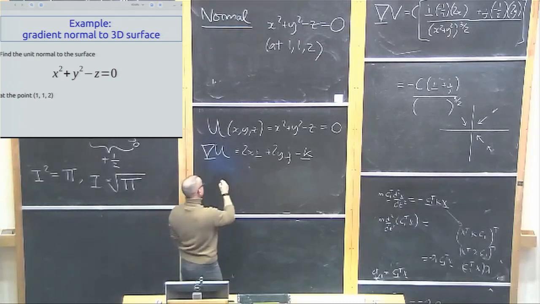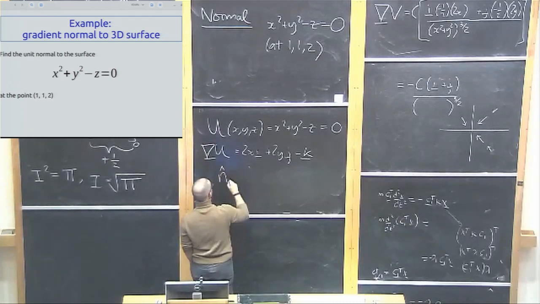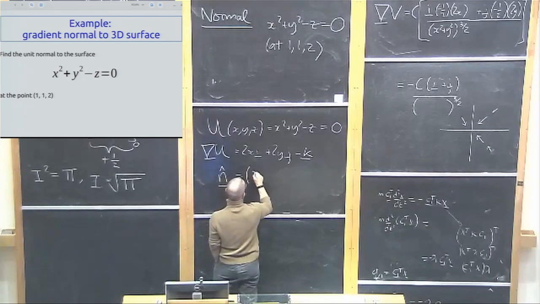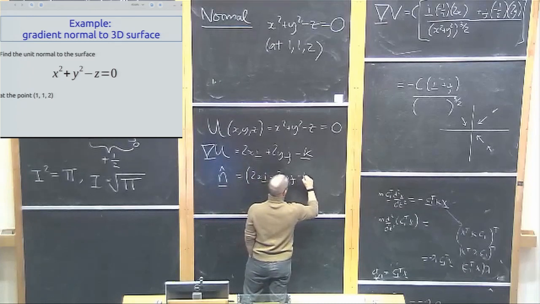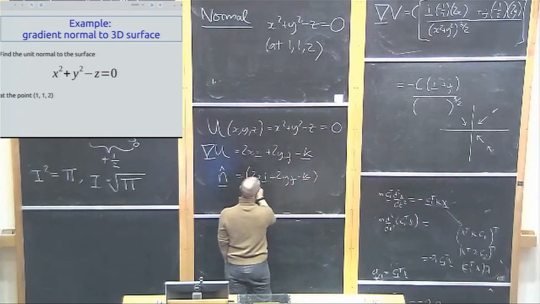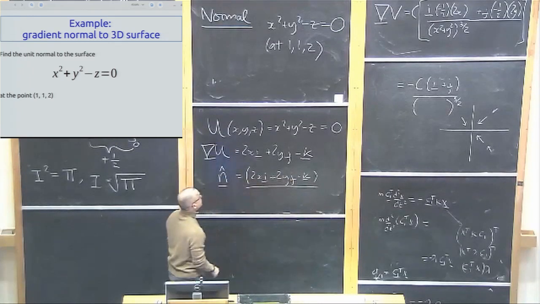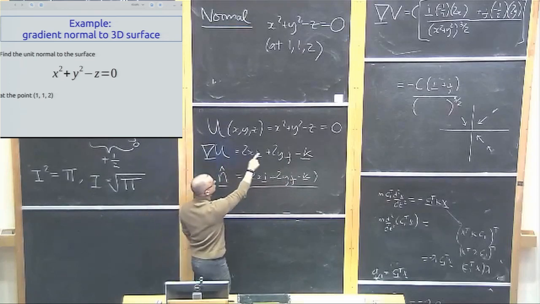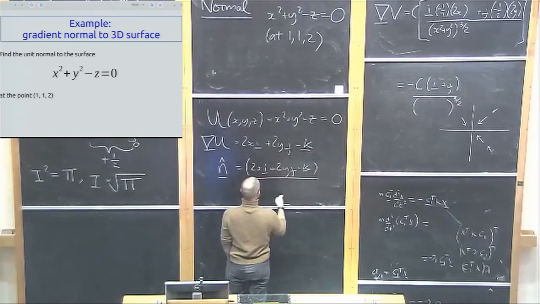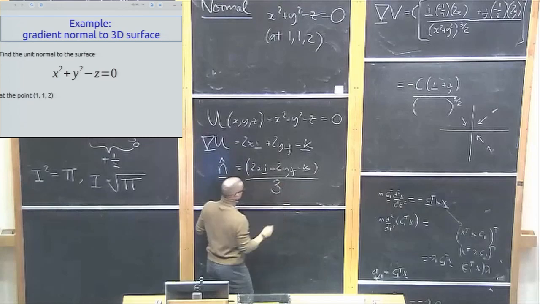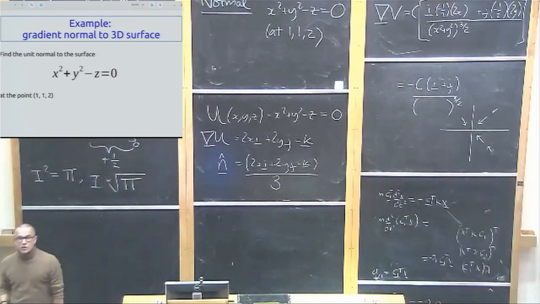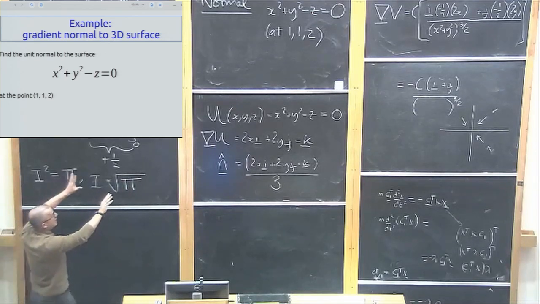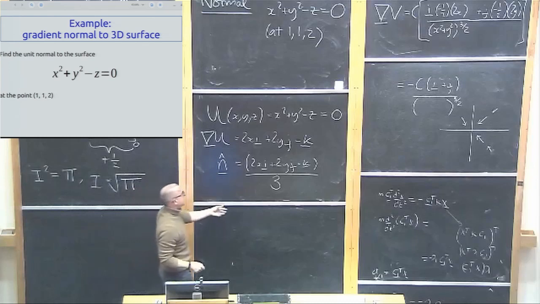I want a unit normal to the surface, so my unit normal is going to be 2xi plus 2yj minus k, divided by the magnitude of that, and the magnitude of that is going to be the square root of 4 plus 4 plus 1, which is 3. So that is the unit normal to the surface described in the question, done by taking the surface as a scalar field and calculating the gradient.